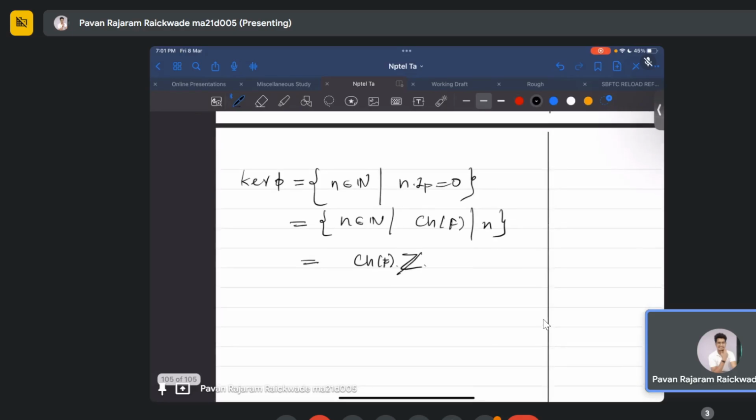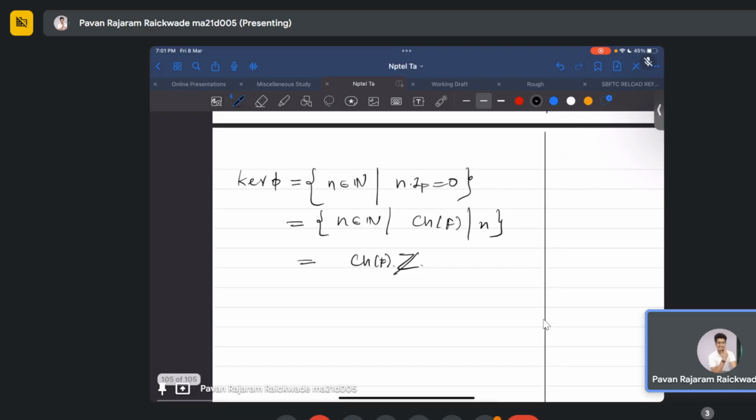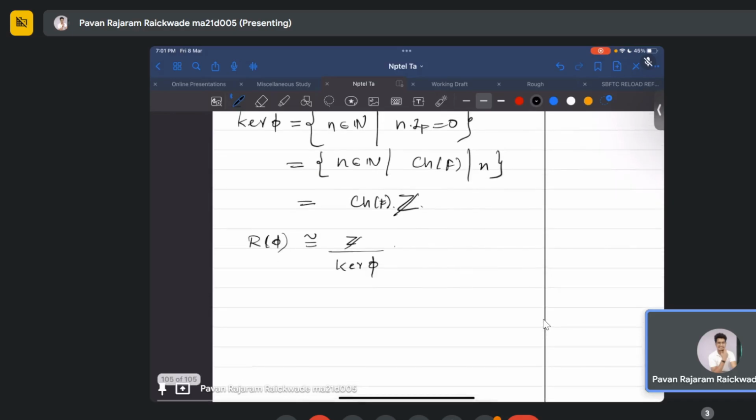So range of phi is isomorphic to Z divided by kernel phi, right? So what are the possible choices for kernel phi?